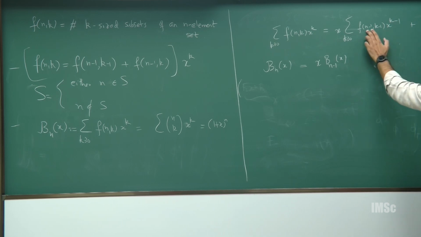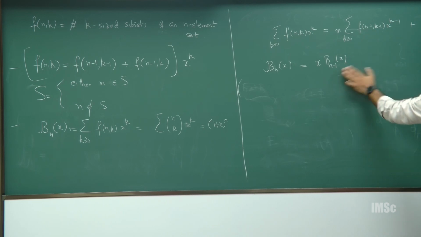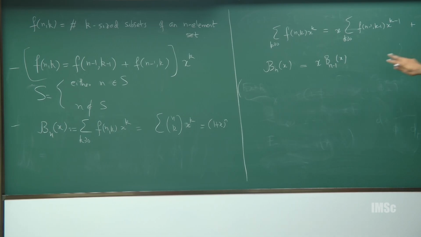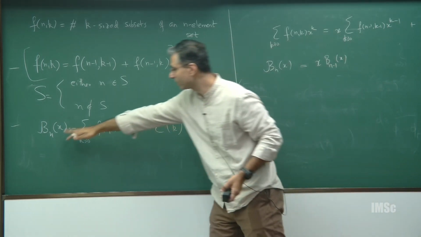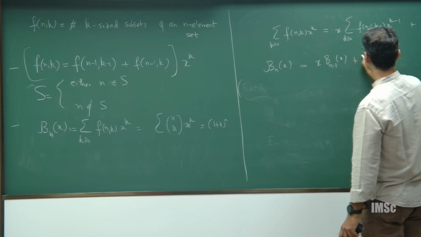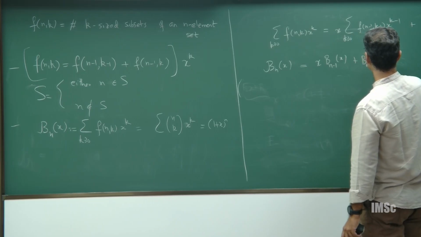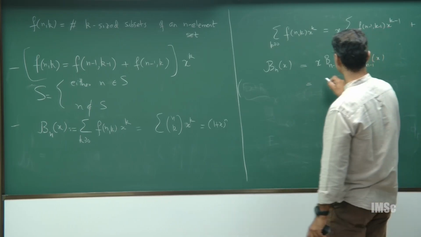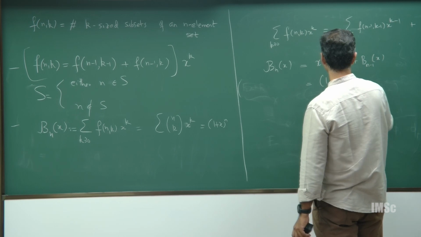So, this is just instead of n we have n minus 1. And what is this? B(n minus 1) again, right. This is n minus 1 fixed, summation is over k, right. That is how the definition is, whatever n is fixed, summation is over k. And in fact this is common.